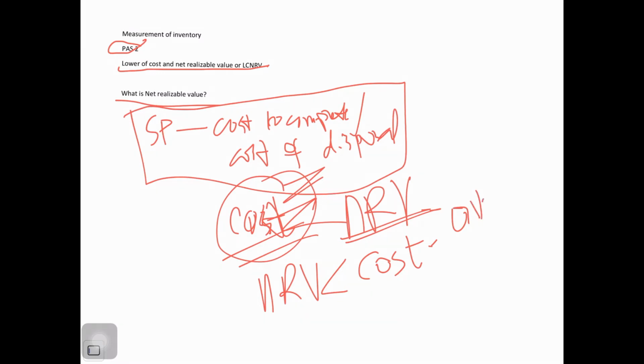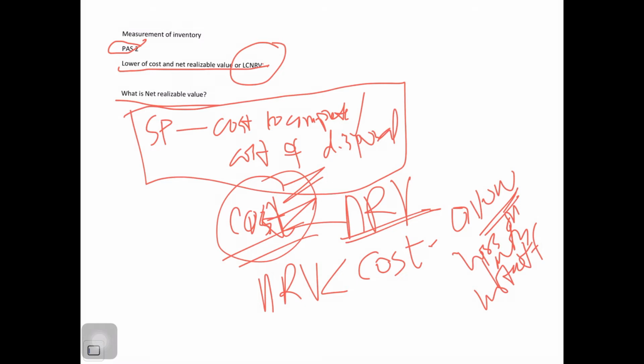If this happens, we would record an allowance, guys, and a loss on inventory write-off. How do we get the LCNRV, guys? This is on a per item or individual basis.